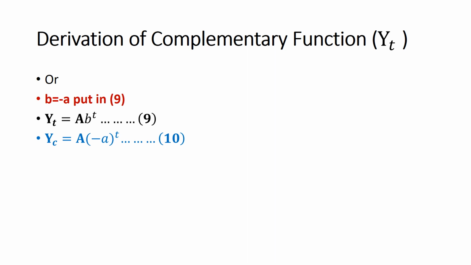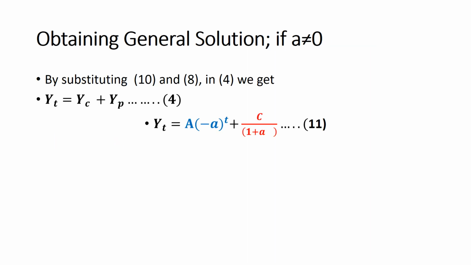This is the value of the complementary function. So our next objective is to find the complete solution, that is, obtaining the general solution. We know that the general solution yt is equal to the sum of two important components, that is yc plus yp from equation number 4.